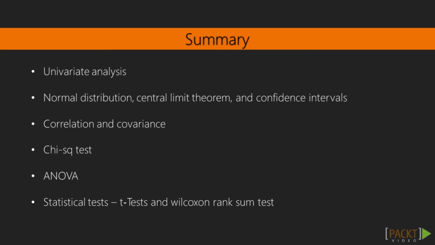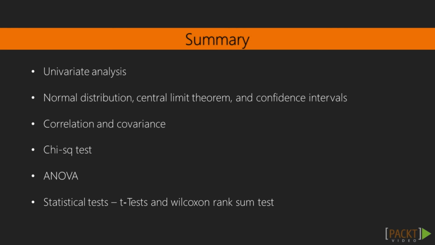So, we have made a lot of progress in this section, and now you should be in a position to understand and make key statistical inferences in data analytics projects. We started off this section with univariate analysis, and then we gained knowledge on normal distribution, central limit theorem, and confidence intervals.